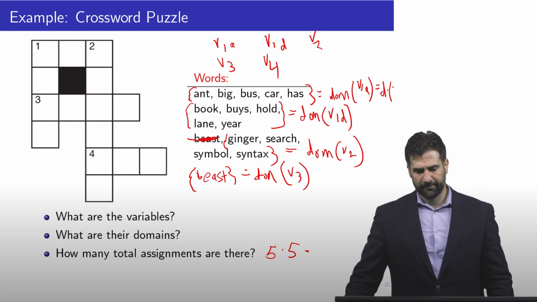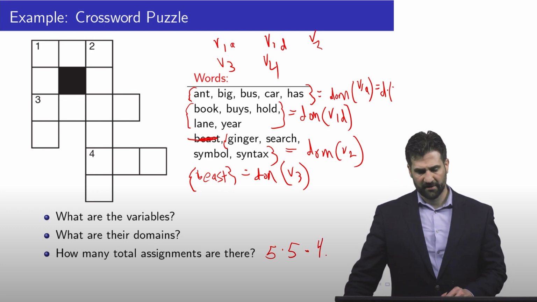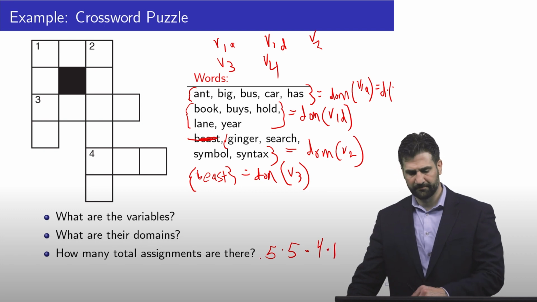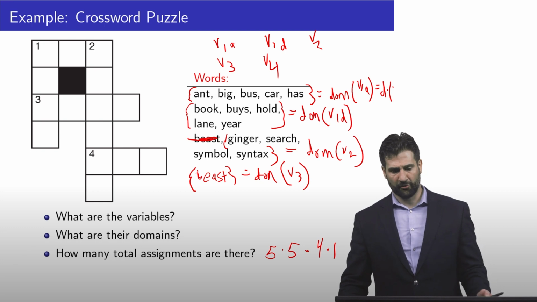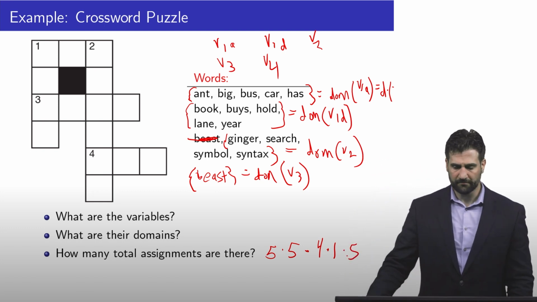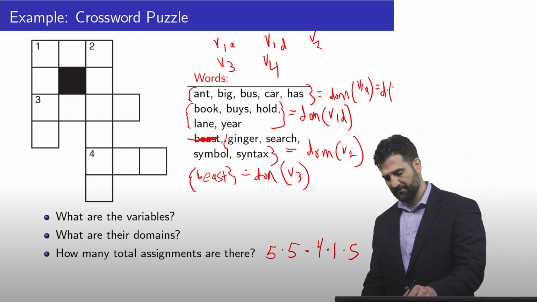Variable 2 has 4. Variable 3 has 1. And variable 4 again has 5. So we have 500 assignments.